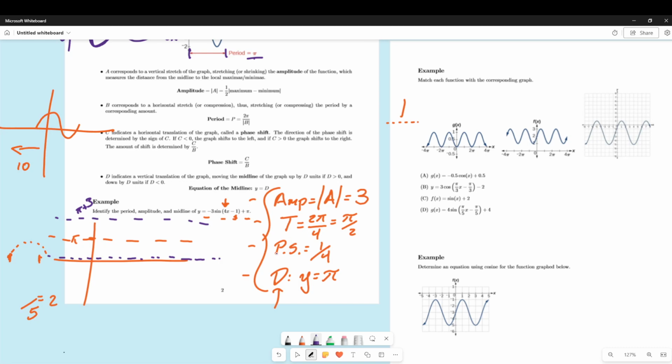And then our phase shift of +1/4, so we'll go over 1/4. And then our period is pi/2, and pi/2 is about 1.57, so that plus pi/2, I'm going to kind of arbitrarily draw it over here, but that's pi/2 plus 1/4.